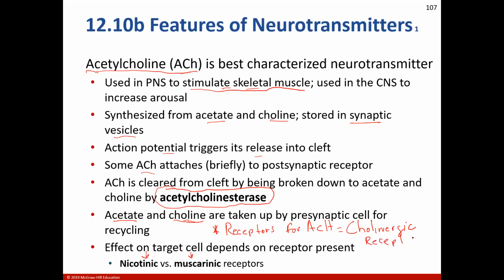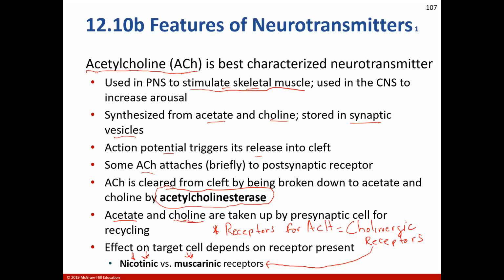You're going to have to memorize this, so I'm recording this, so please pay attention when you go back. Cholinergic receptors have two types. There's nicotinic and muscarinic. So nicotinic are basically always excitatory.